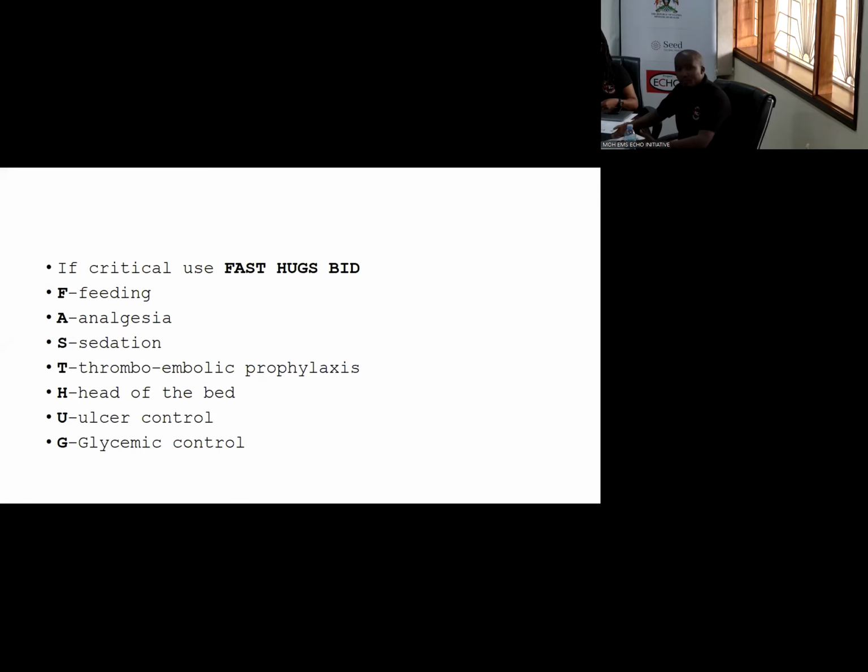If we are doing cardioversion, let's give analgesia, commonly fentanyl or opioids. Then thromboembolic prophylaxis. For rhythms like AFib, even if the patient is stable, they usually put them on thromboembolic prophylaxis.